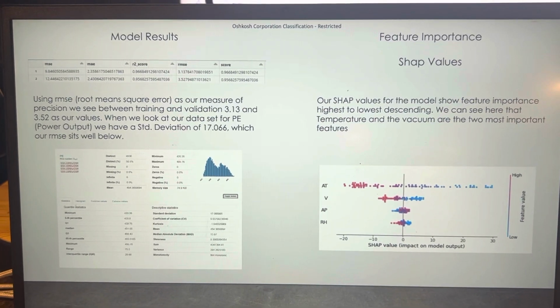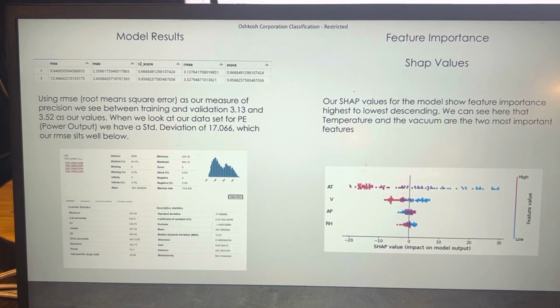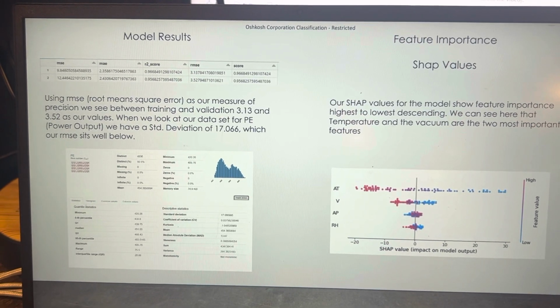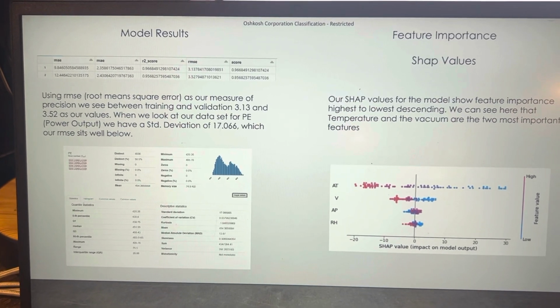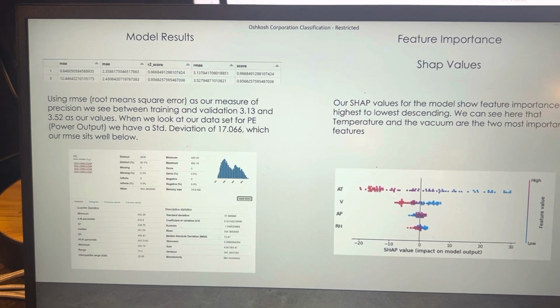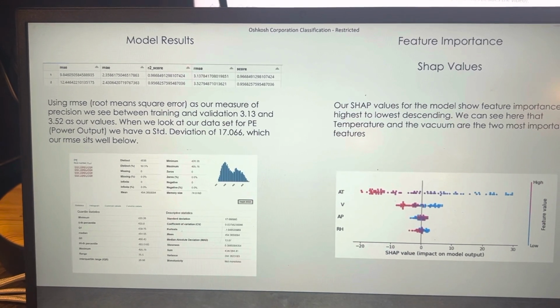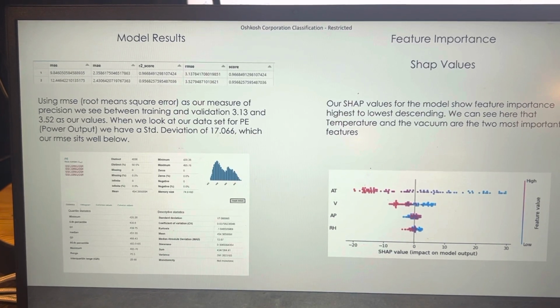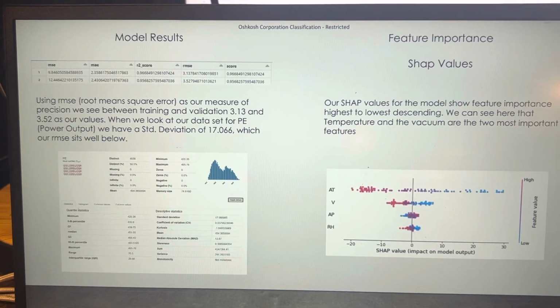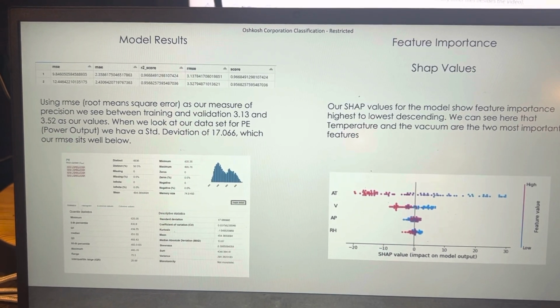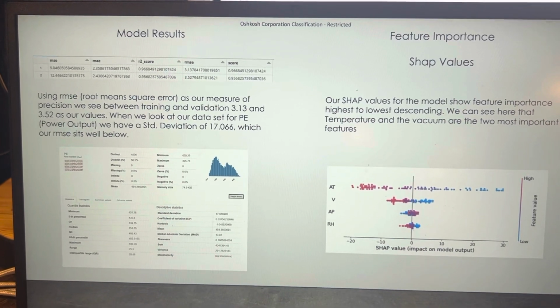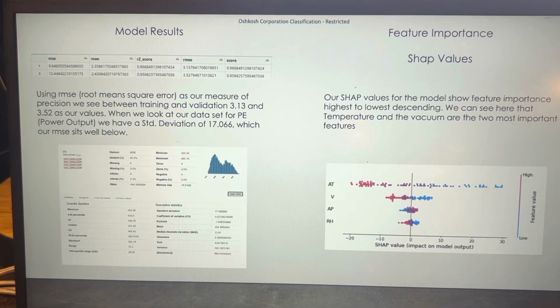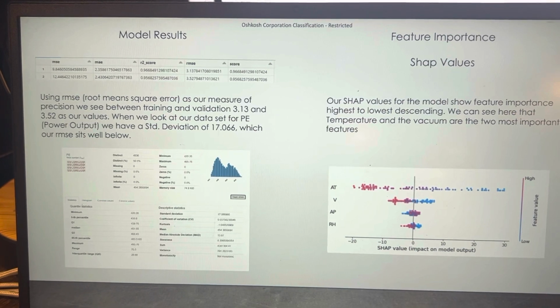I am selecting the RMSE, the root mean square error, because that essentially is the precision of the prediction. On my training set, it was 3.13. On my validation set, it did widen up a bit, which is as expected. However, it did not widen up significantly, which is really good.